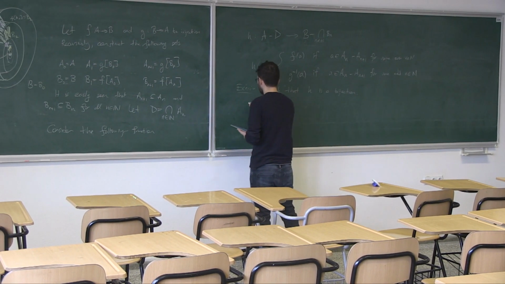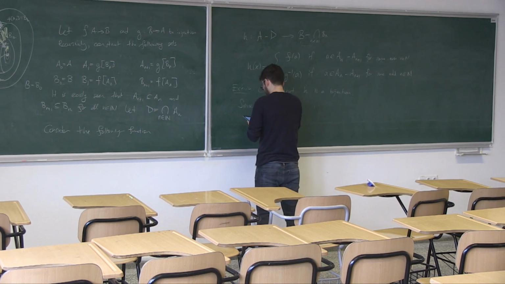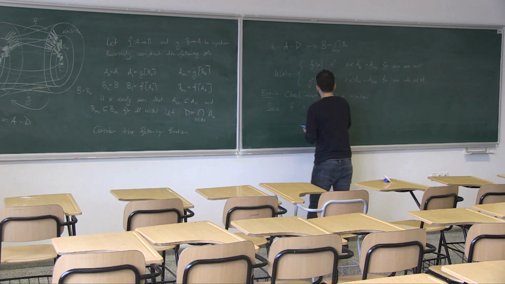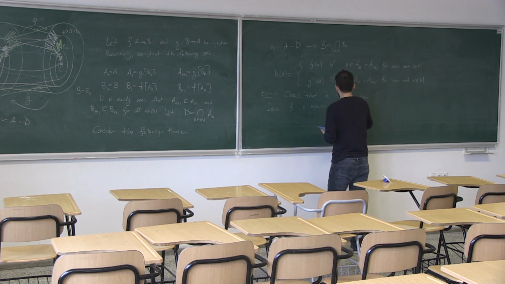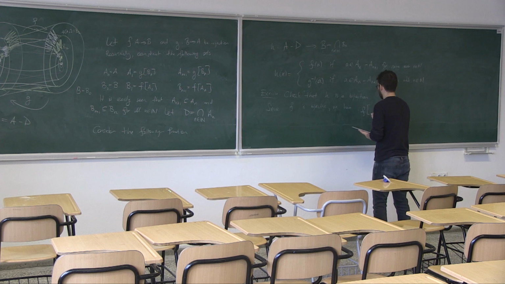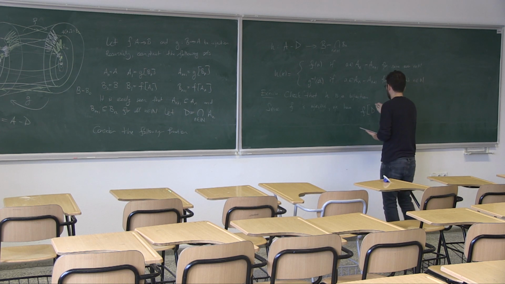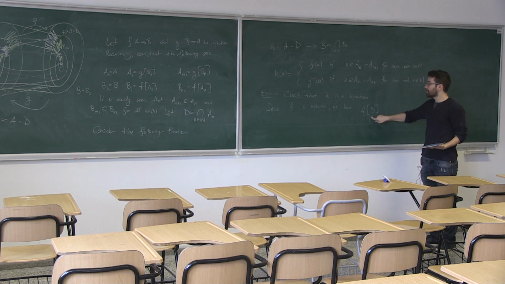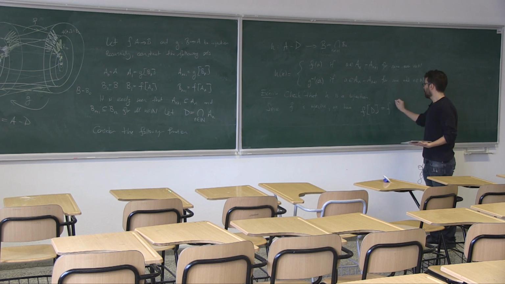Now, since F is injective, we have the following. Let's look at the image of D under F. Well, D is the intersection of ANs.